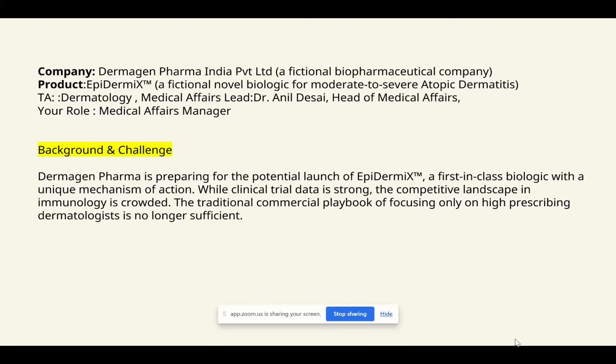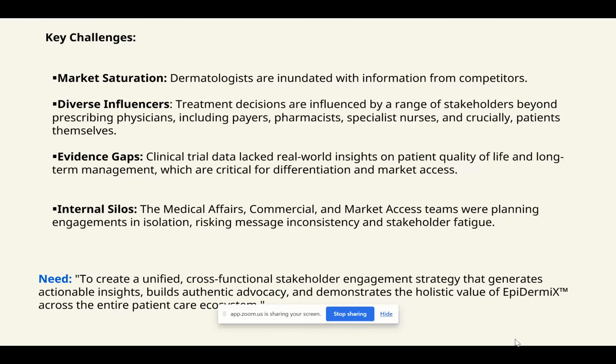Your role is a medical affairs manager, and the task was to create a cross-functional stakeholder engagement strategy that generates actionable insights, builds authentic advocacy, and demonstrates holistic value for the product, considering the key challenges, which included market saturation, diverse influences, evidence gaps, and internal silos.